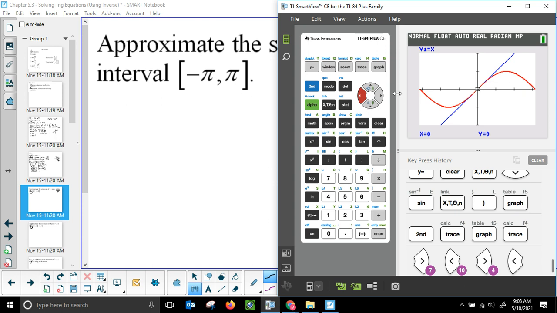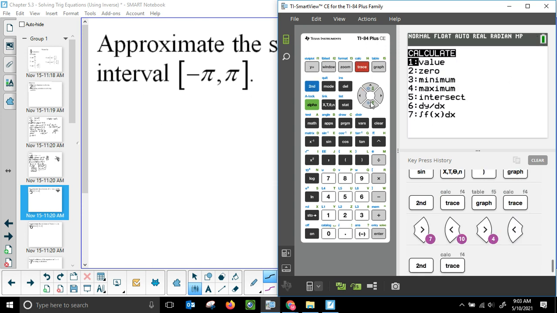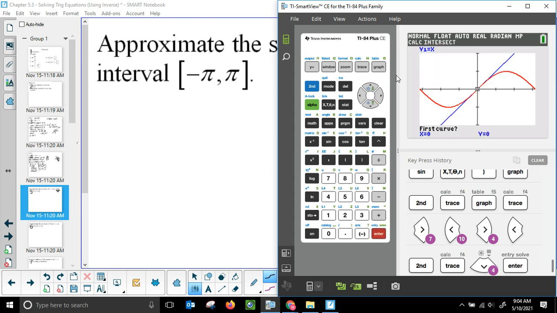Even though it does use an estimation technique, mainly Newton's method, it estimates it to such a precise degree that I can tell when somebody just uses the trace feature because they're so far off. When you do the actual second trace and you come down here to intersect, it will be very, very exact.